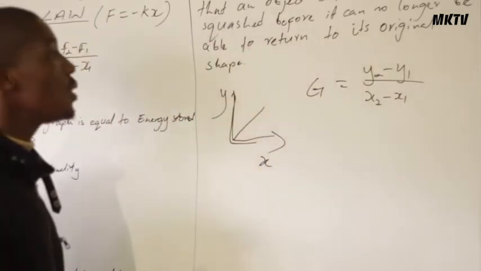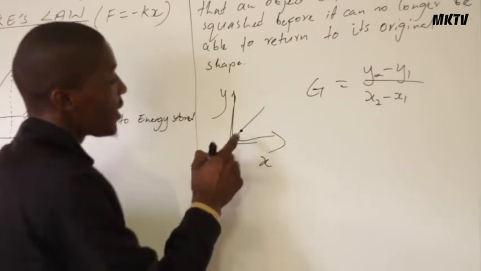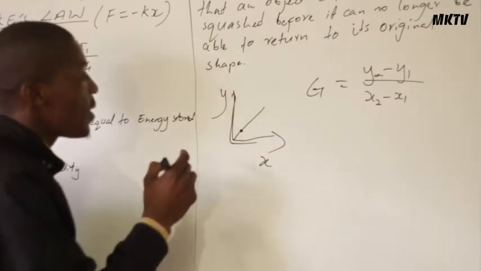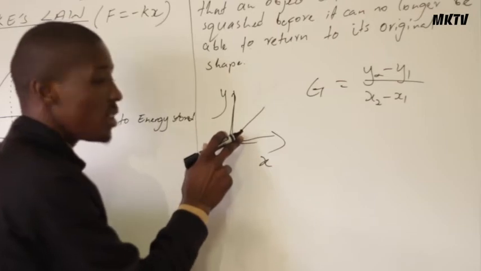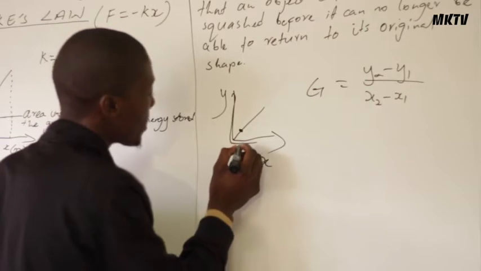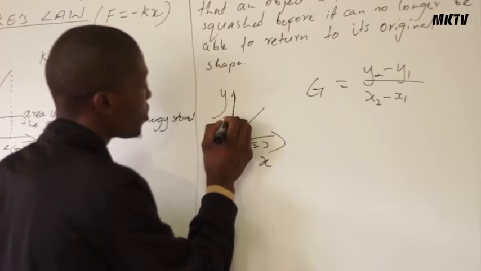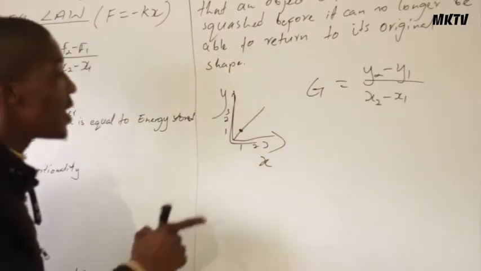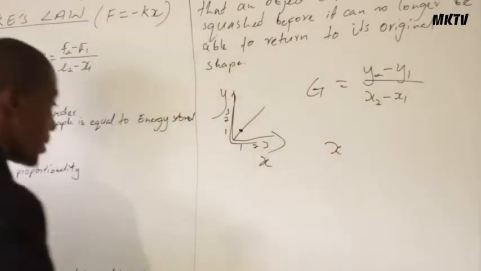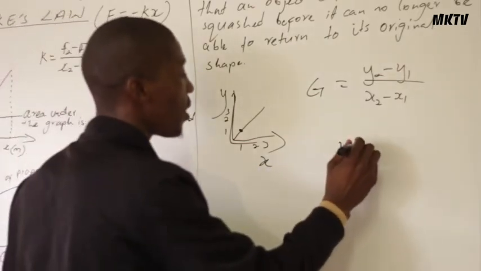That says you were going to take points that should be on the graph you are given. Say we take the first point right here, and let the axis be 1, 2, 3. Our first coordinate would be 1, 1.